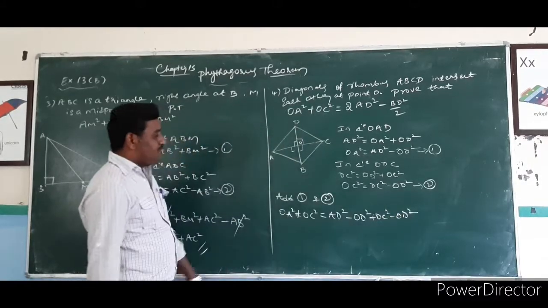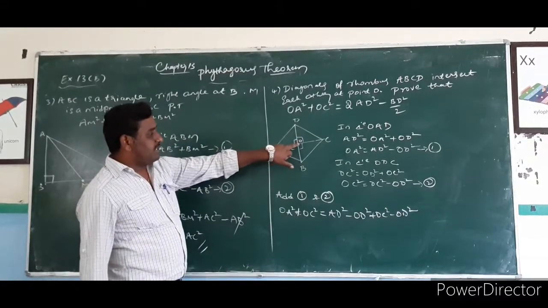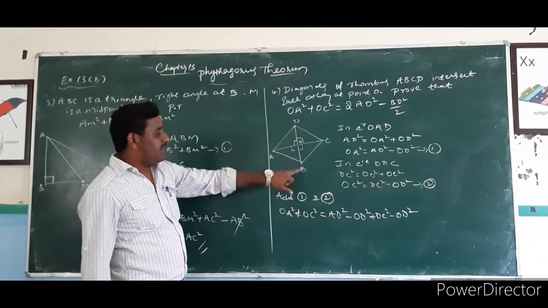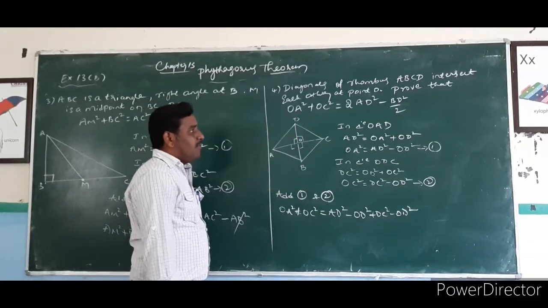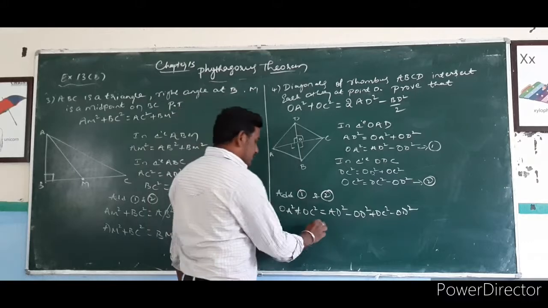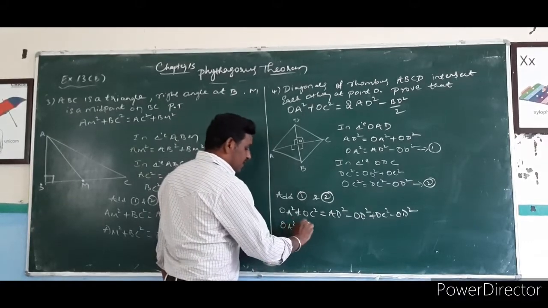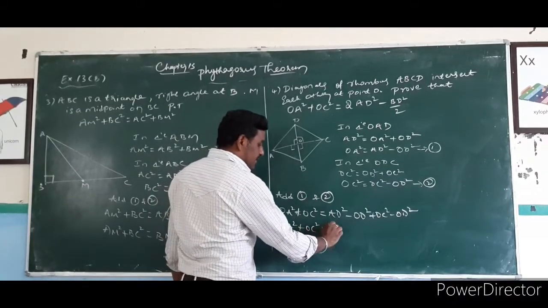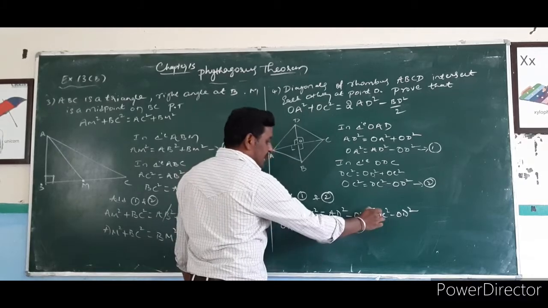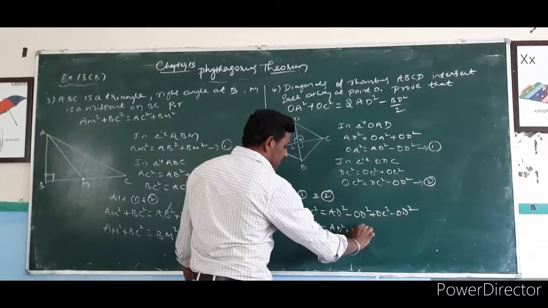We know that if diagonals bisect each other, OD is half of BD. That is OA square plus OC square is equal to AD square plus DC square.